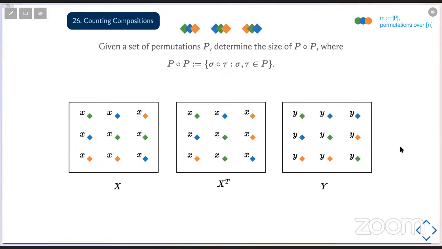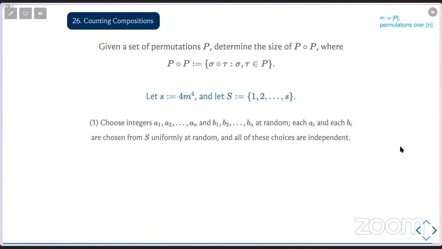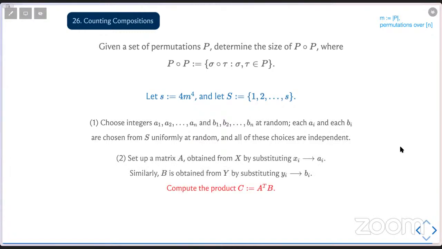X has n of those variables, and Y has the other n. So pick values for these variables uniformly at random from 1 to S, where S is a suitably large space, and pick these values independently of each other.